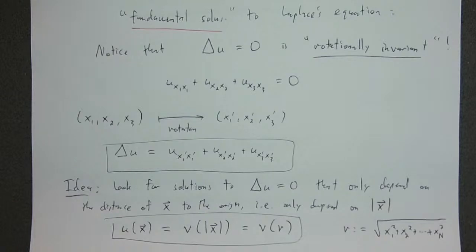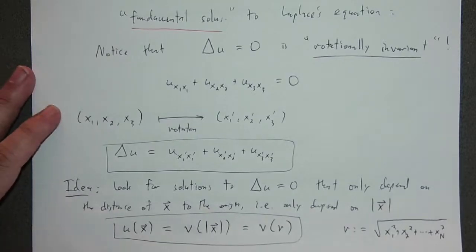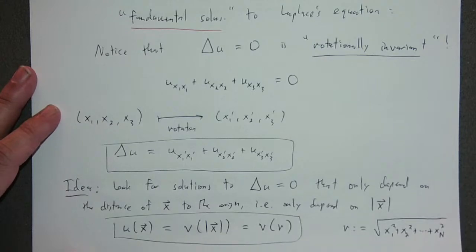And so it makes sense to seek solutions to Laplace's equation that only depend on that radius, on that distance to the origin. So here's what our distance to the origin looks like. Even though u is also a function of x, really it only depends on the length of the vector x. If x is some point in space, what matters is its distance to the origin.